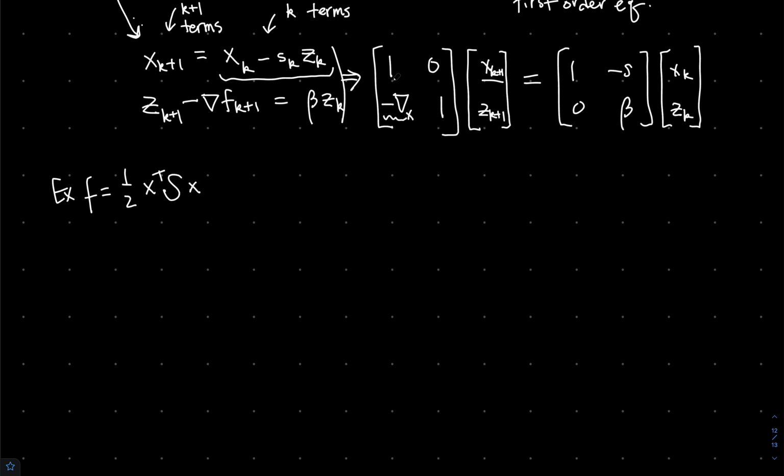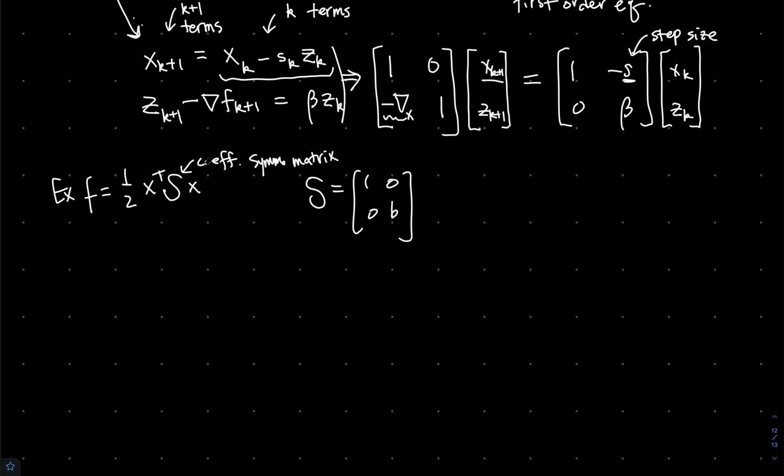Now, to avoid confusion with this step size, which is the step size in the gradient descent, and this is the coefficient matrix, a symmetric matrix, 1 0 0 b. I will denote this S matrix with this symbol. All right, like this.